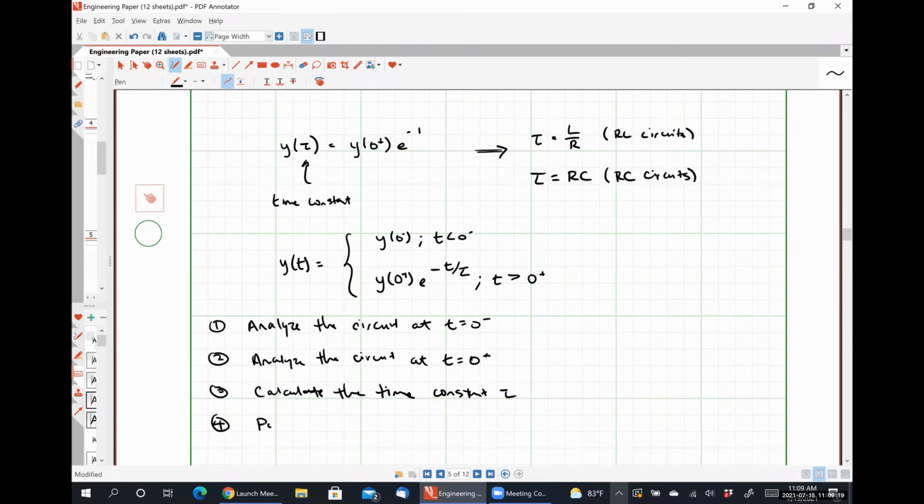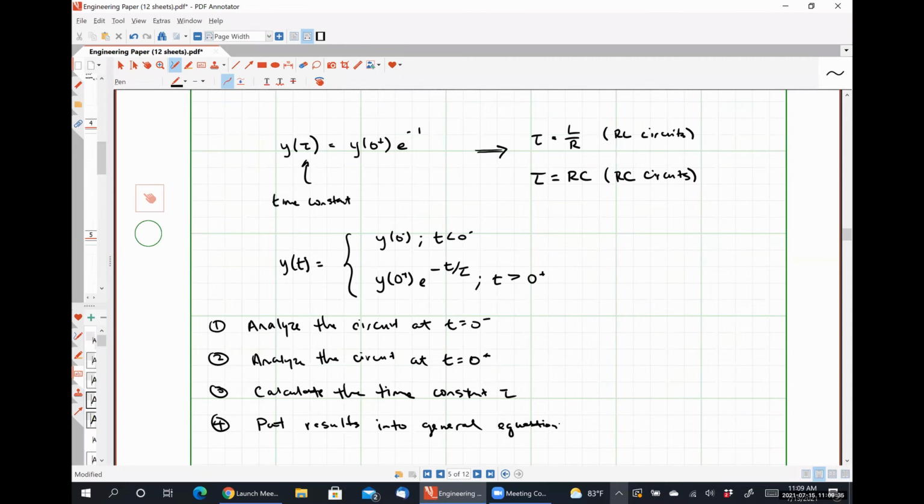And 4, put results into the general equation. So those are going to be our 4 steps going forward.